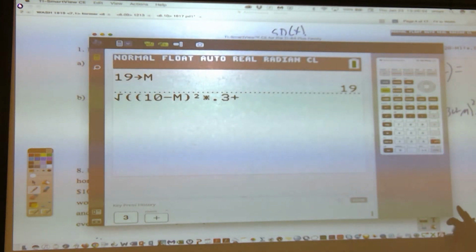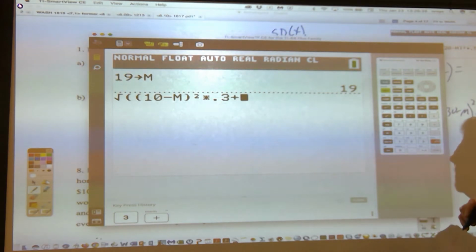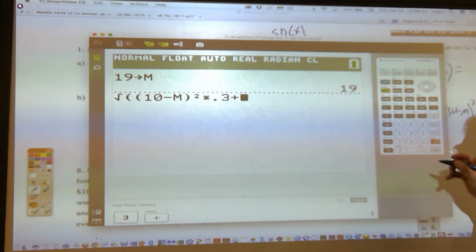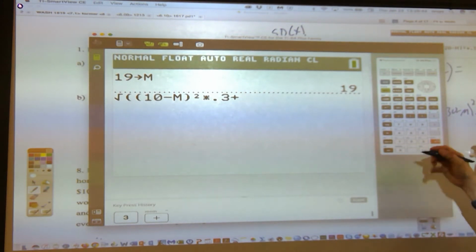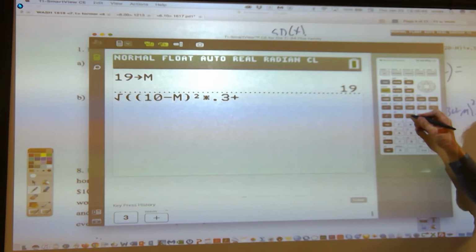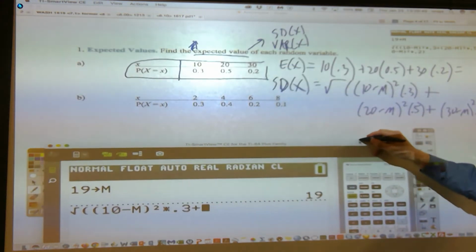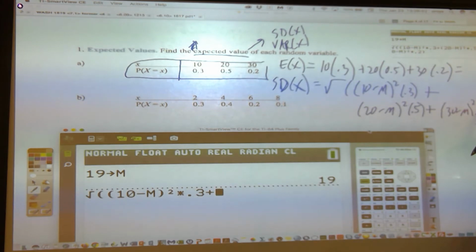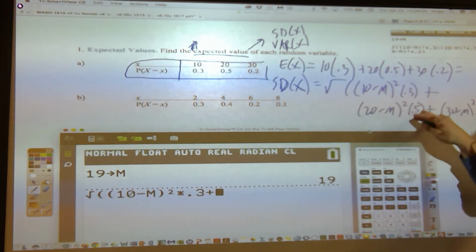What's the next thing that I should type? If you're gonna direct me on keystrokes, what would you direct me to type next? You can say things like left parentheses. We're typing in the standard deviation, using yesterday's standard deviation formula.